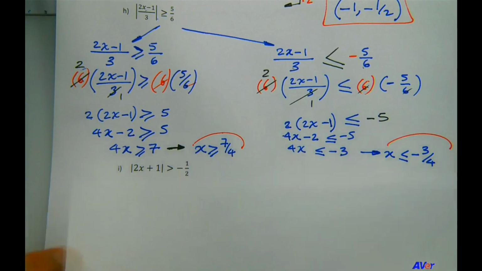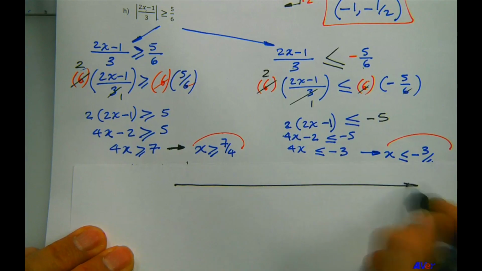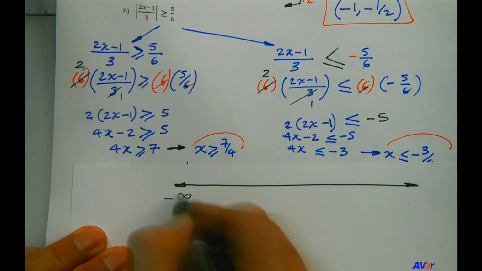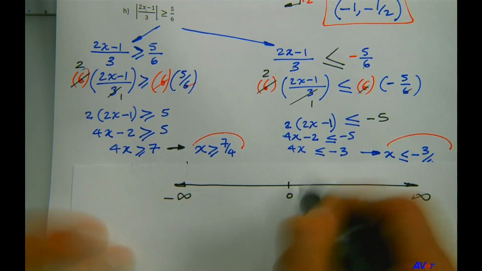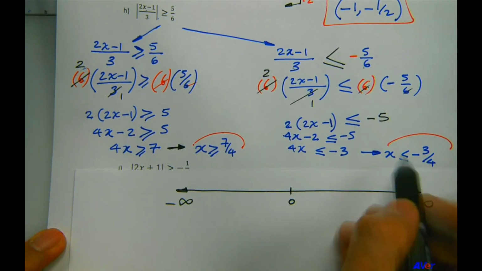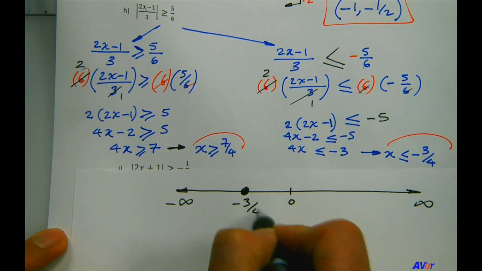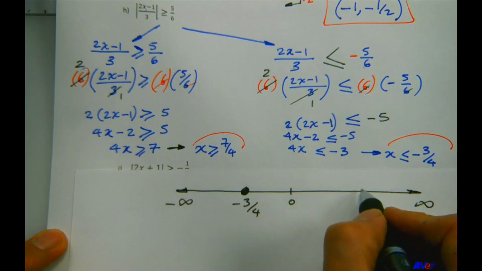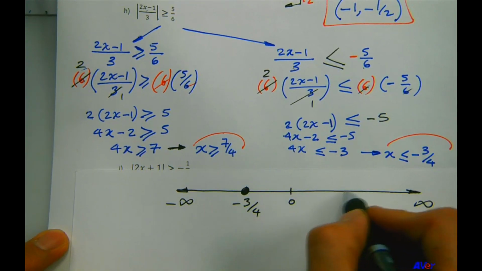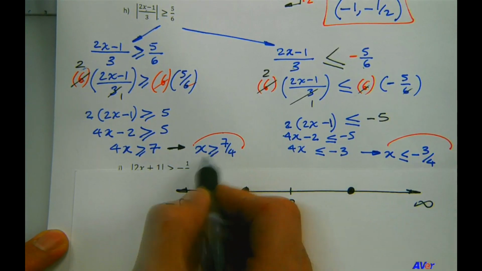Okay, right here. So let's draw the graph. The solutions do not overlap, right? Do you see that? So let's say minus 3/4 is somewhere here, and I'm going to put a filled in circle at minus 3/4, and 7/4 is somewhere here. And again, filled in circle because we have equality.